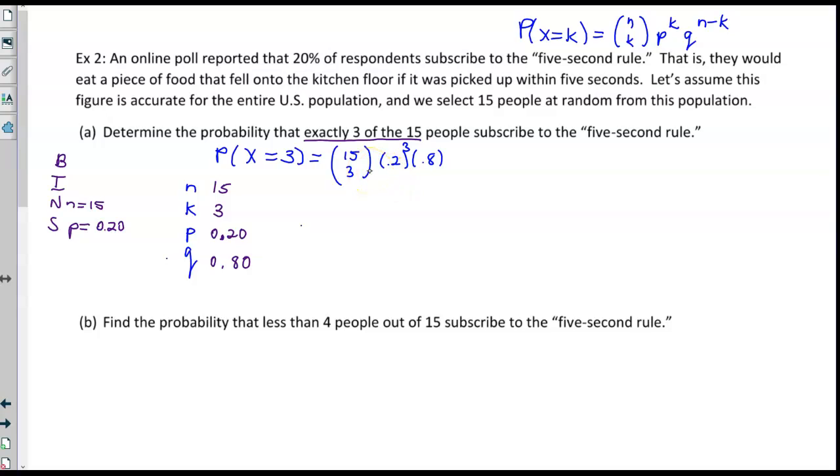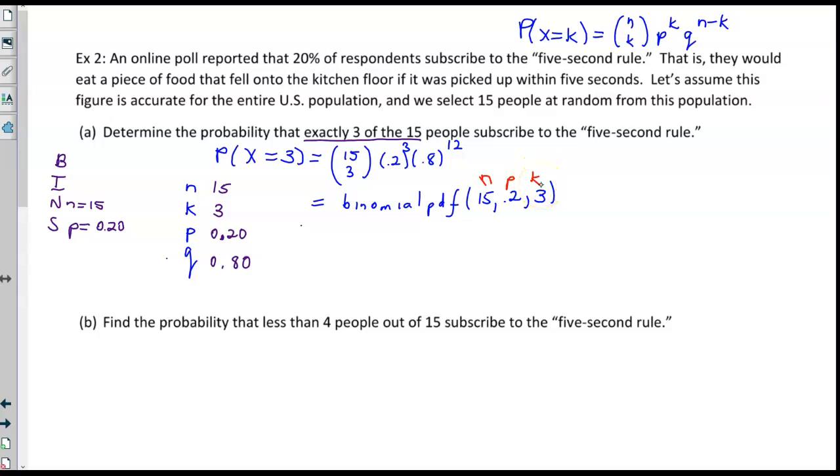So now we're going to substitute into the formula. The combination of 15 choose 3, 0.2 to the third, and 0.8 to the 15 minus 3, or 12. We're going to use the calculator function to do the arithmetic, specifically binomial PDF. The n is 15, the chance is 0.2, and k is 3. We'll just list the parameters on top.